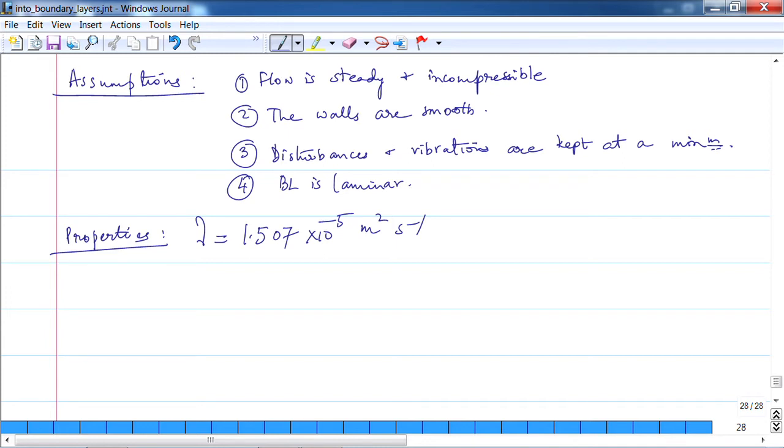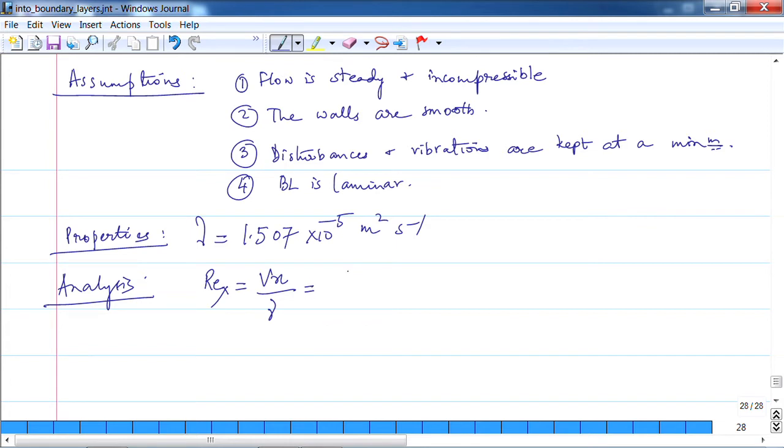Now let us go ahead and try to solve this. First things first, let us calculate Rex, which is equal to V times x over nu.